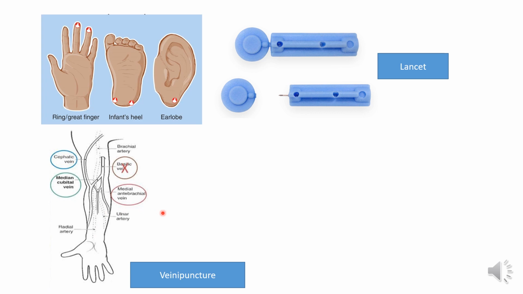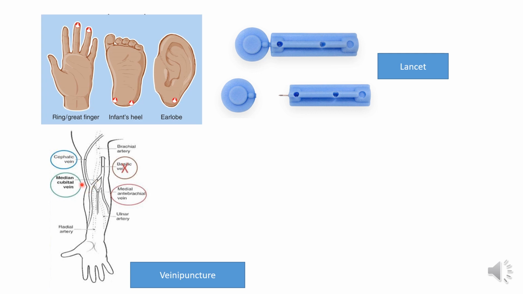The next is the venipuncture. For a venipuncture, the most preferred site is the median cubital vein. Generally when we are selecting the site, we have to take into consideration the surrounding of that particular blood vessel, and also the diameter and the thickness of the blood vessel.